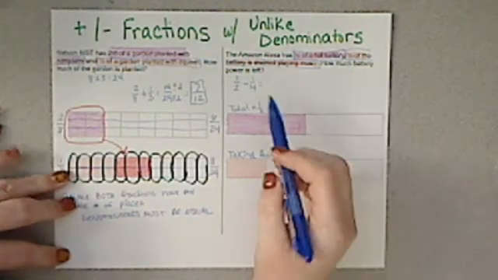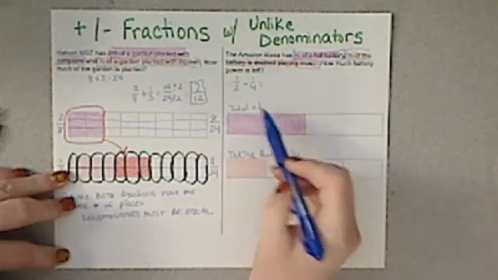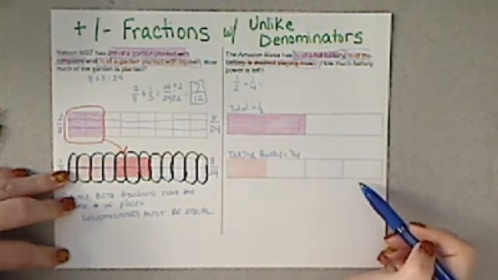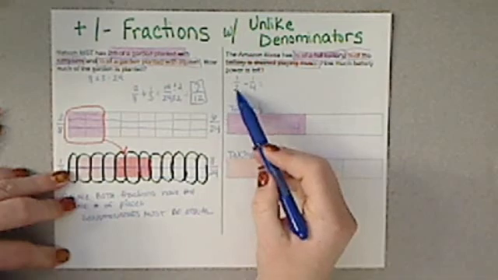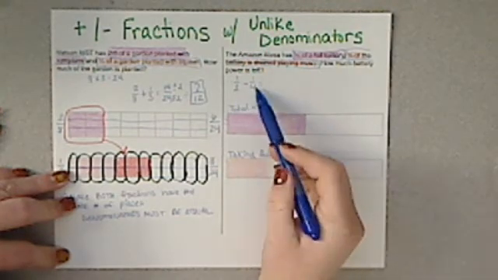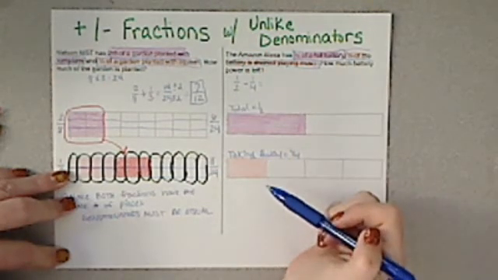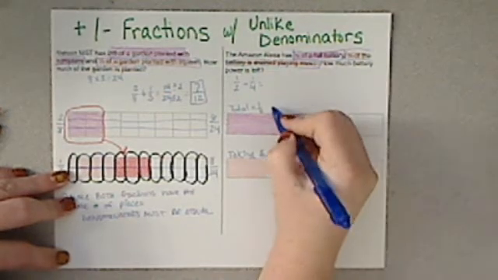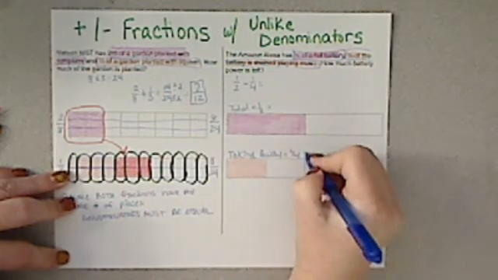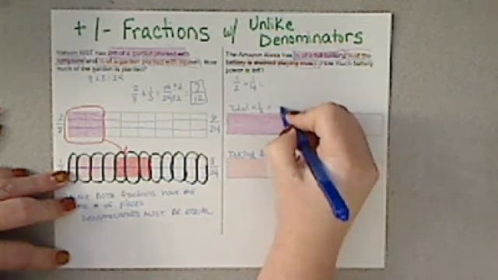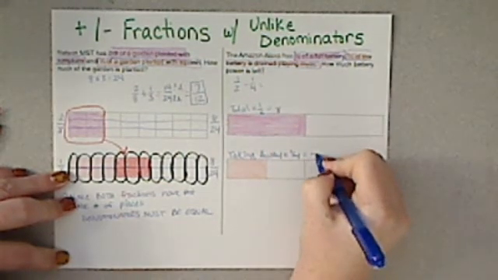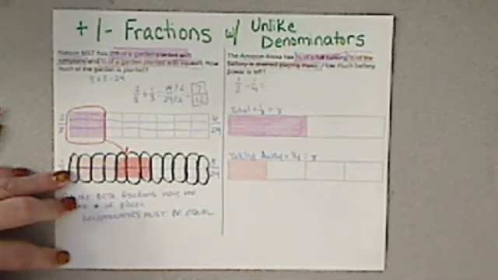So I am going to use my 2 fraction bars to create this model. Well, I know that 2 times 4 equals 8, and 4 times 2 equals 8. So I'm going to turn each fraction into a fraction with 8 pieces.